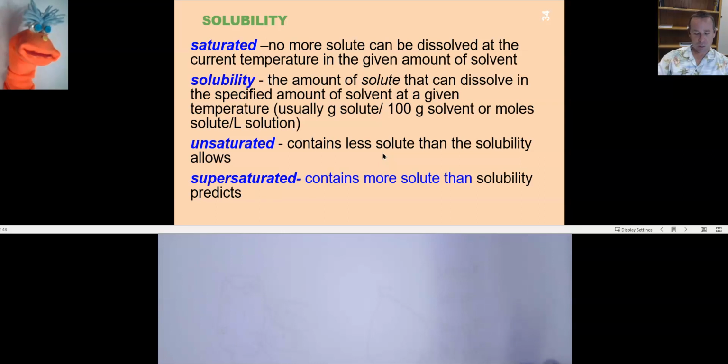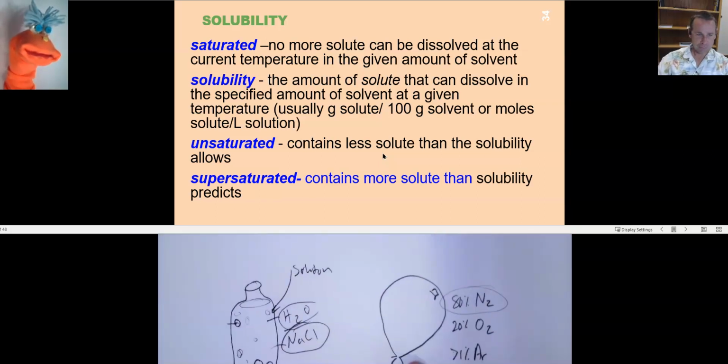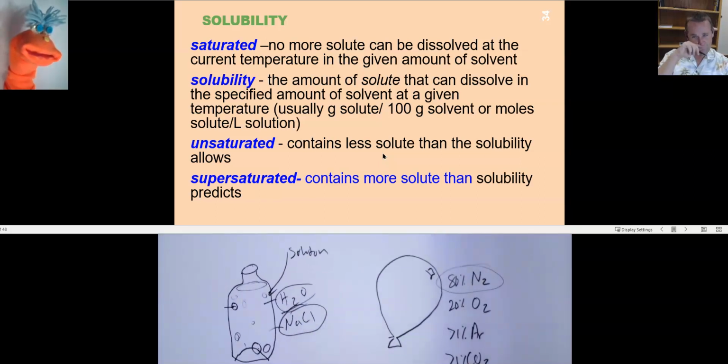We just talked about this picture of our solution of sodium chloride in water. If we add too much sodium chloride, it becomes saturated, and we get a pile of sodium chloride on the bottom. So we can saturate it, right?